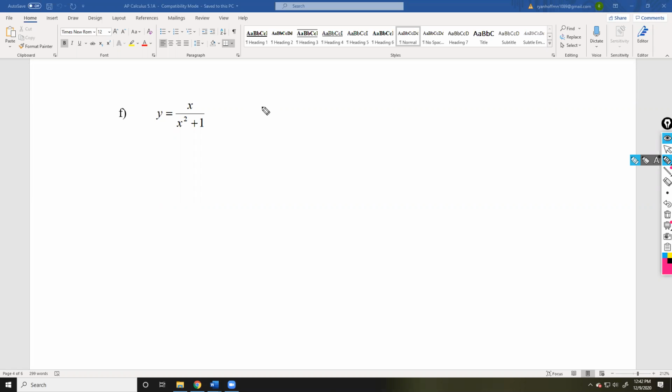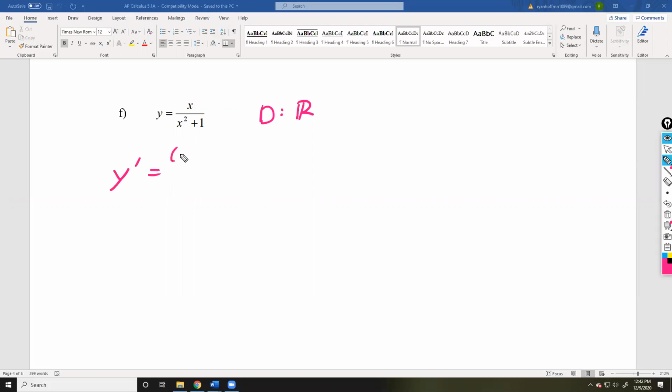All right, we want to think about the domain first. So we want to think if there's anything I can plug into the bottom that's going to cause an issue. There's not. All real numbers. But let's look at our derivative and see what we get. This is going to be a quotient rule.